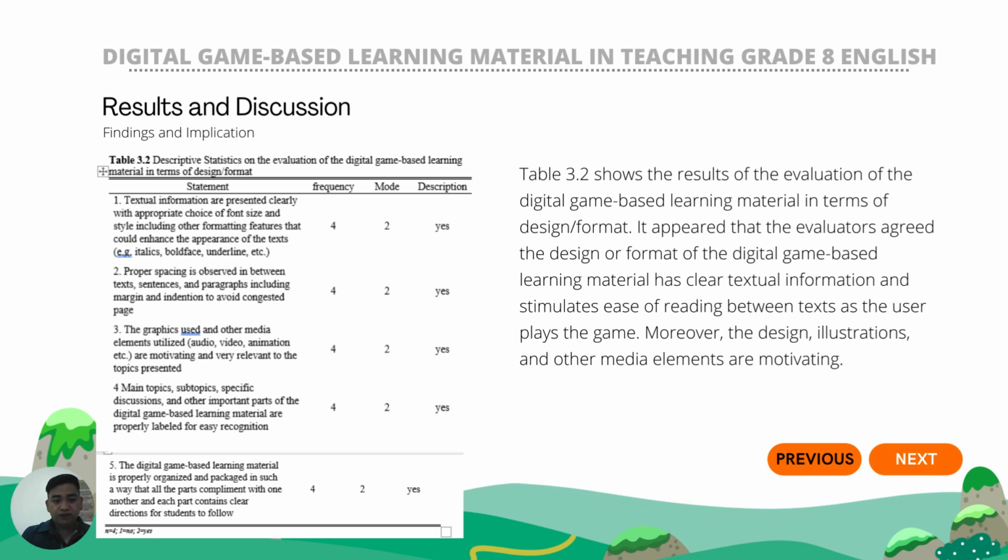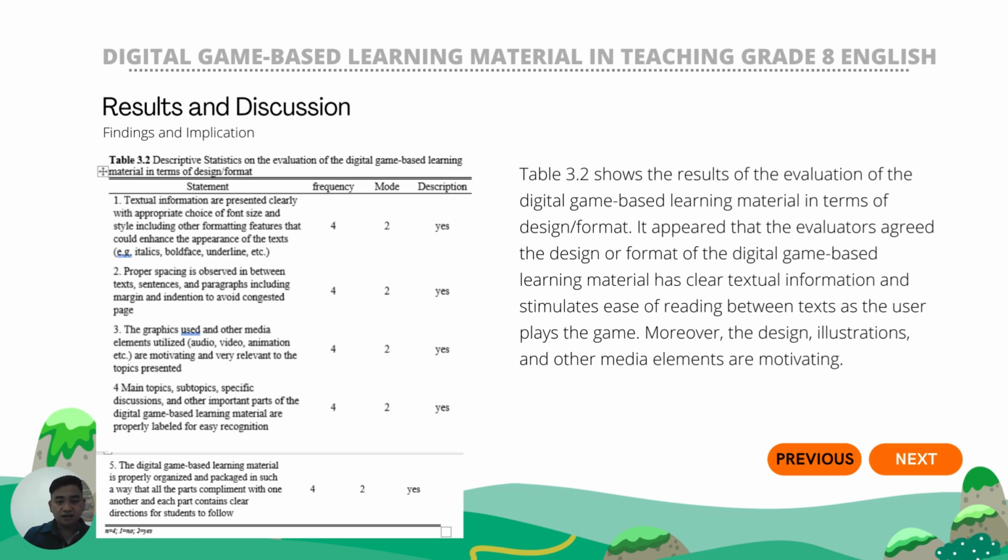Table 3.2, on the other hand, shows the results of the evaluation of the digital game-based learning material in terms of design and format. It appeared that the evaluators agreed the design and format of the digital game-based learning material has clear textual information and stimulates ease of reading between text as the user plays the game.